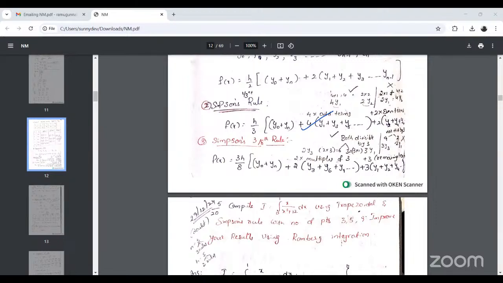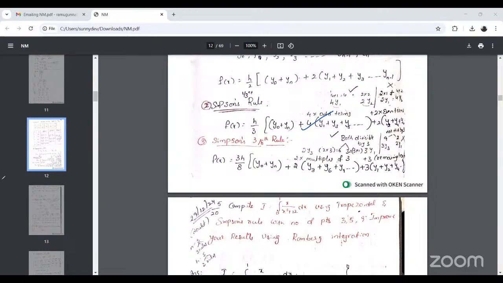And next, Simpson's 3 by 8 rule: 3h by 8 into y0 plus yn plus 2 into the multiples of 3, that is y3, y6, y9, plus 3 into the remaining terms, y1, y2, y4, y5, y7, y8, y10, y11 and so on.